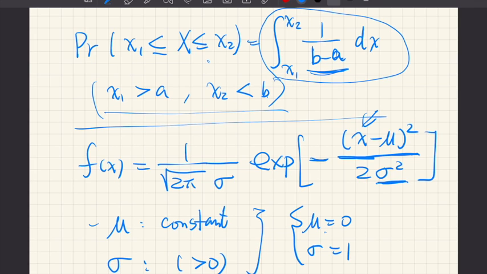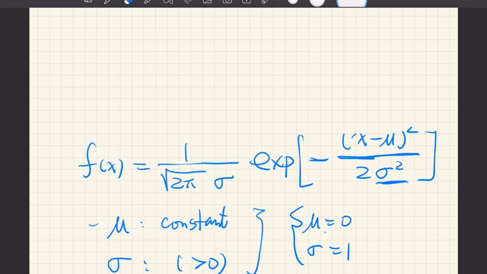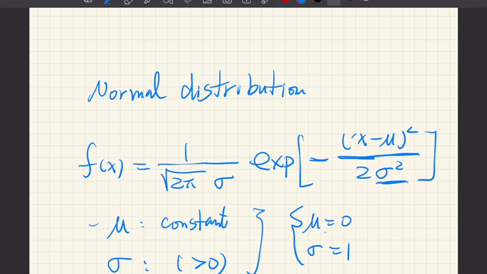So this is the normal distribution. Or often we say Gaussian distribution. I think most physics people will prefer this name, Gaussian.